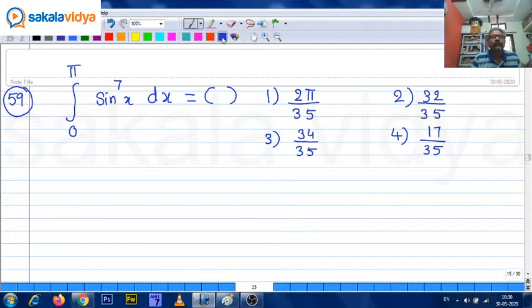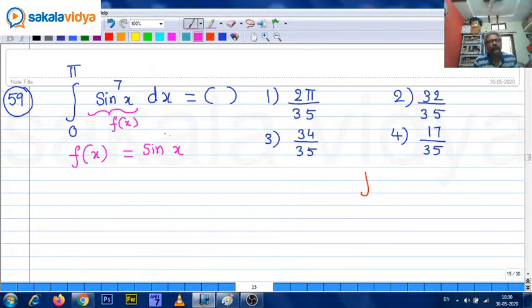So now, let us say this is f of x now. See, f of x equals to sin x to the power of 7. This will be upper limit a, f of a minus x, f of pi minus x.